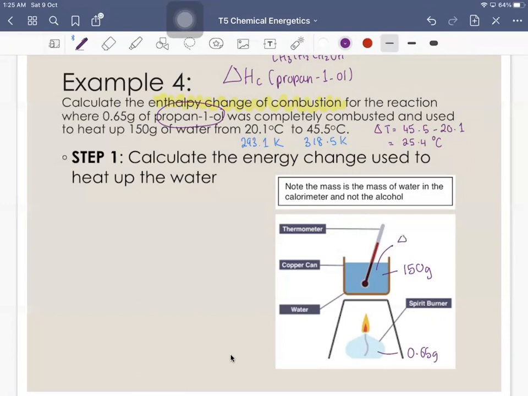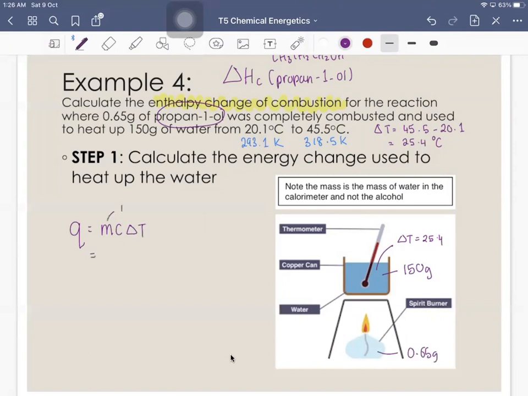So delta T, 25.4, is of the water, not here. So read the question carefully. Used to heat up 150 grams of water from 20.1 to 45.5. Calculate the energy change used to heat up the water. So first, I want to find the energy. Q is equal to mc delta T.